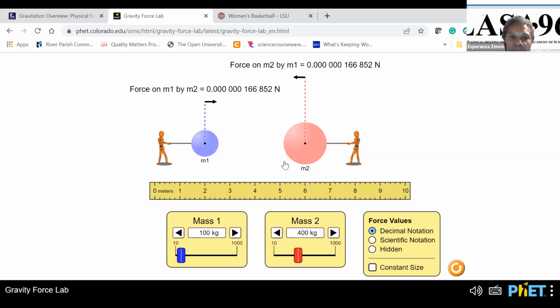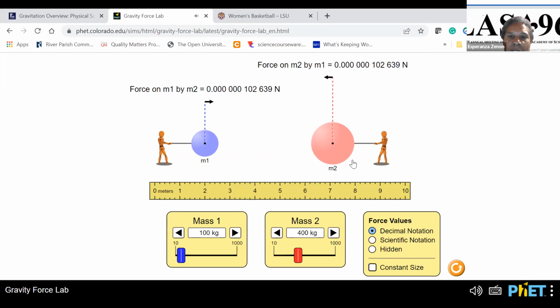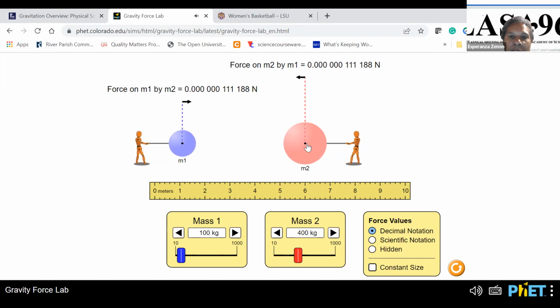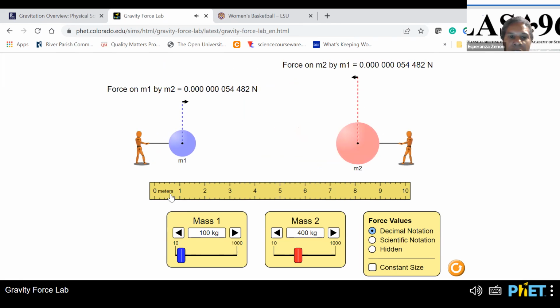The simulator opens up. You see you have two objects and you can move them, and it makes a funny noise. It used to be a button you could turn the sound off, but anyway, you can move them around, make them closer or further, and you measure using a meter stick how far apart they are.